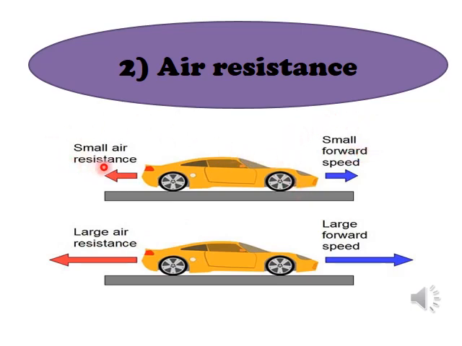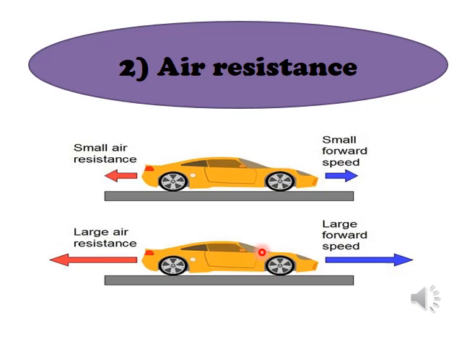So, if you saw here, guys, in those two examples, if you are inside a car and one of your parents is driving slowly, with slow speed, the amount of air that is trying to resist the movement of the car, or the air that is hitting against the car, is not that big. So that's why we say if there is small forward speed, you will find small air resistance.